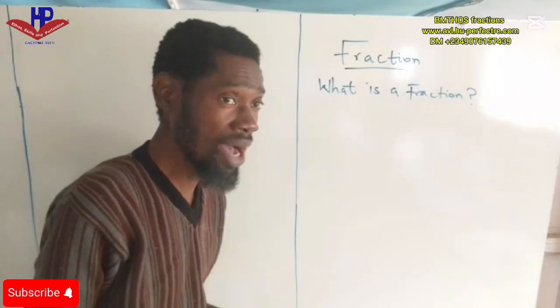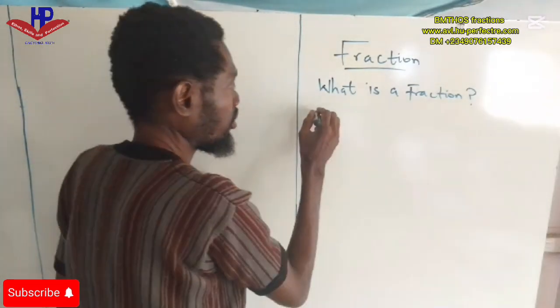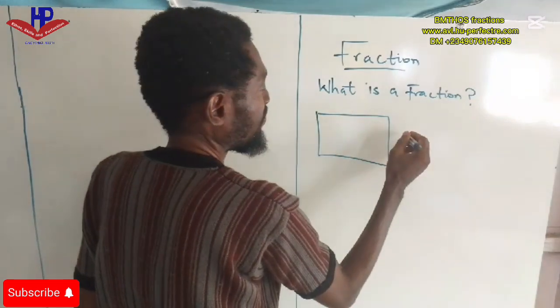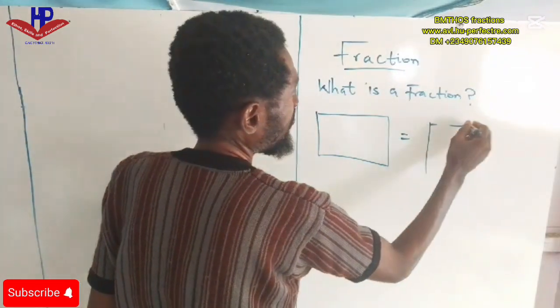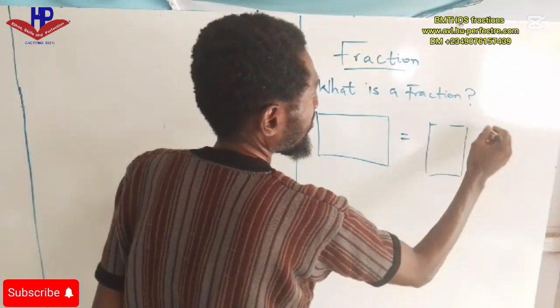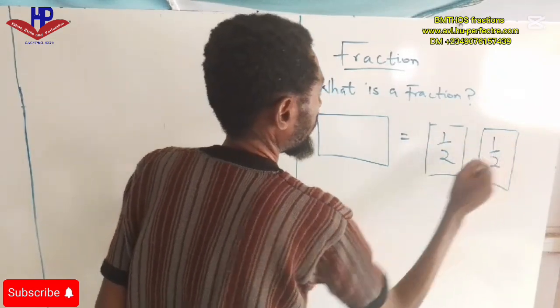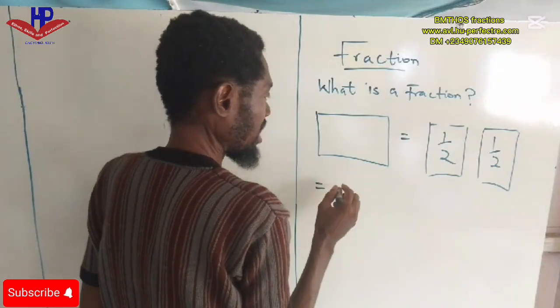So a fraction is a part of a whole. I showed you the whole shape initially, and the first one I cut into 2 parts. Here is 1 over 2, here is 1 over 2. The second one I cut into 4.